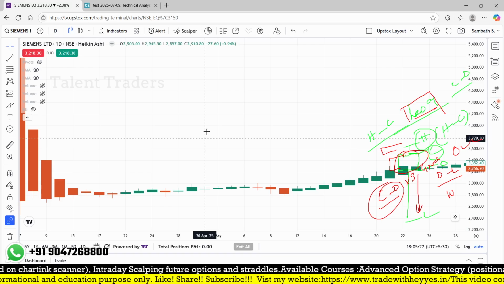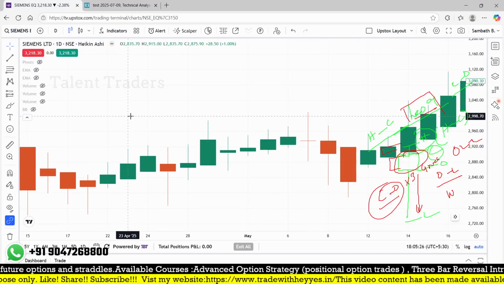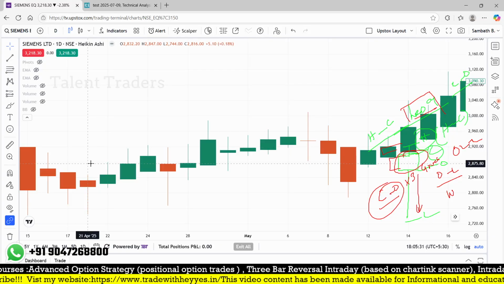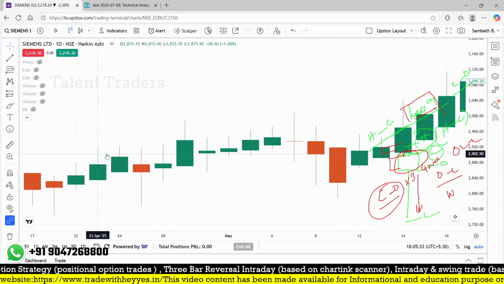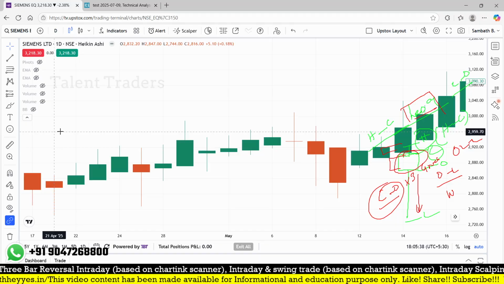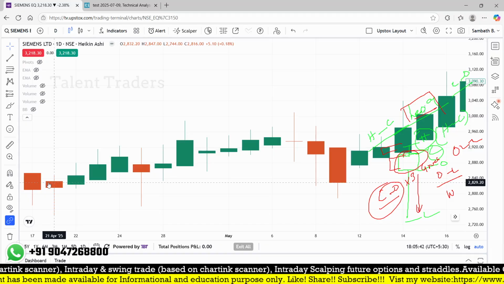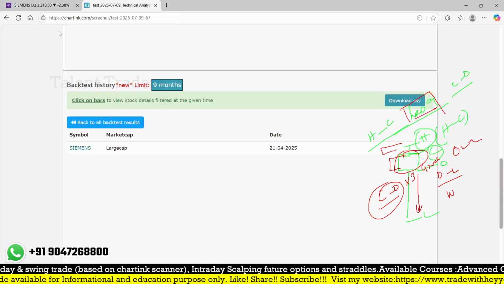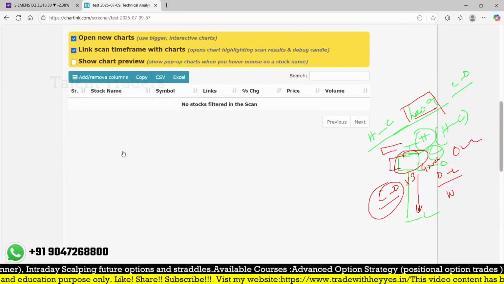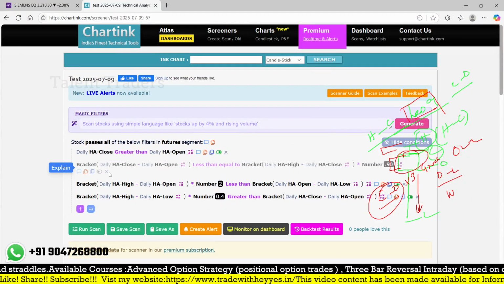I think this one. That is showing we are expecting a red, but it is a green, but it's showing a red. We are seeing the right one, Siemens 21.4 2025. But it was showing us some error because we are looking for a green candle, but it was a red. HA close must be above HA open, but there is some issue on that.